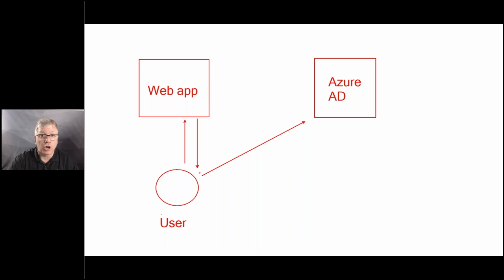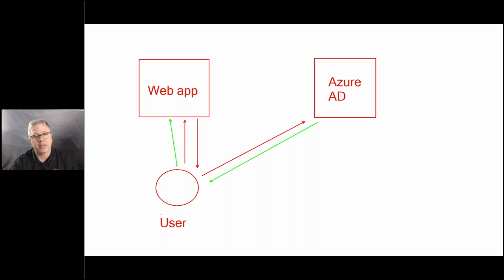Now, this could even go to a federation scenario. That's outside the scope of what we're dealing with. But in general, assuming that the user successfully authenticates, they're going to be redirected back to the web app with their identity and all is well, right? However, that is not the most secure approach.